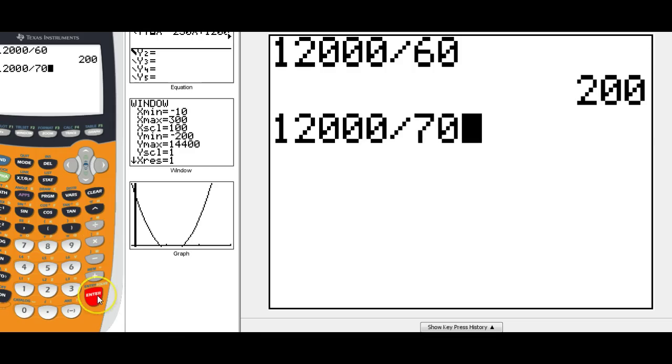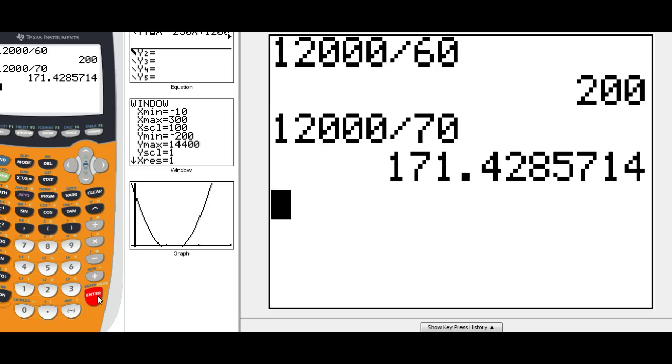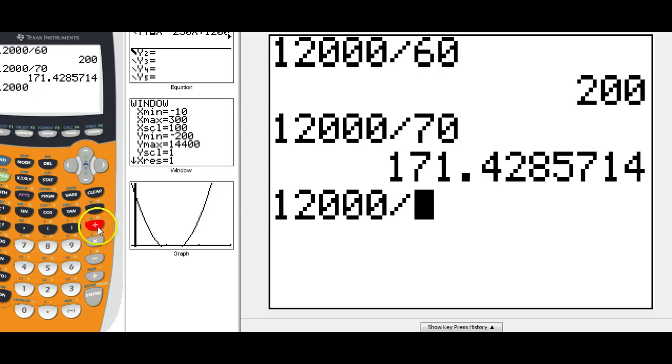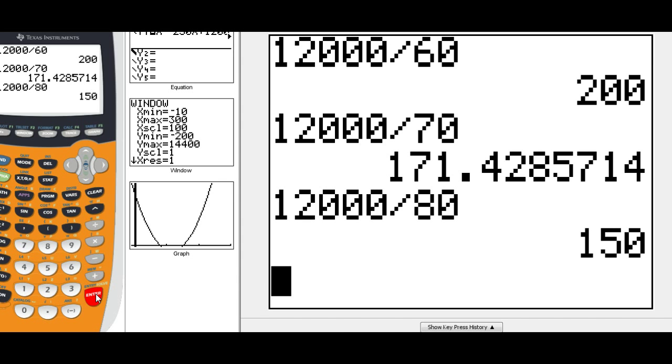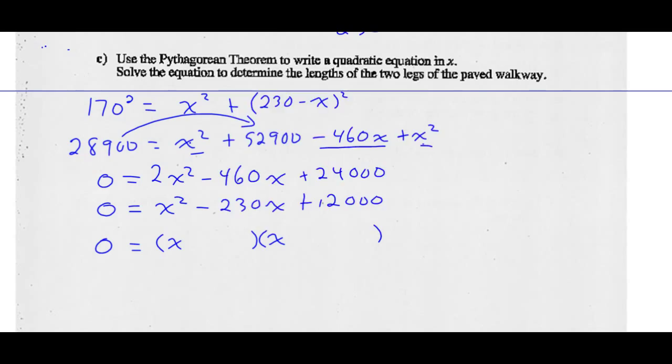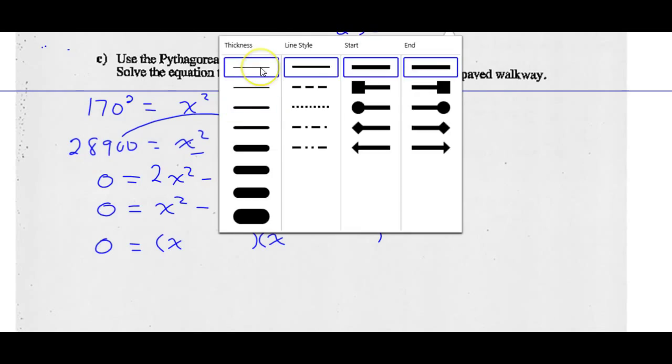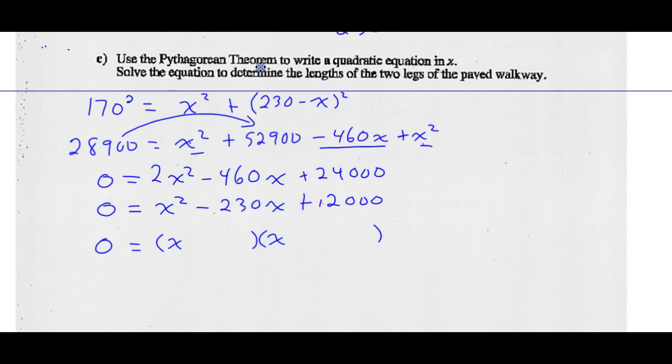Maybe it doesn't work real nice. No. What about 12,000 divided by 80? Hey, 80 and 150 add up to 230. So there are our factors. Awesome. All right. So we want 80 and 150. Both these would be negative, and there are our factors.